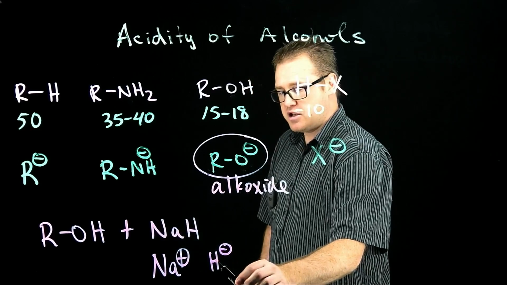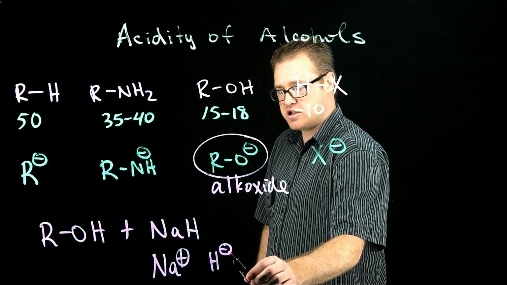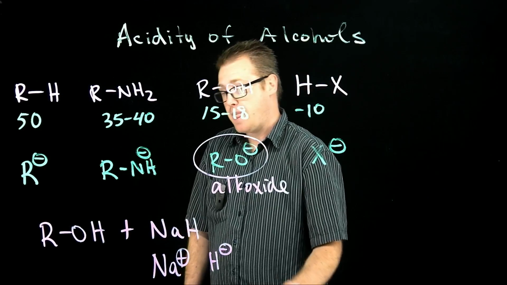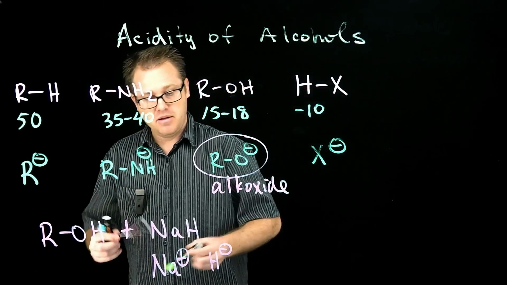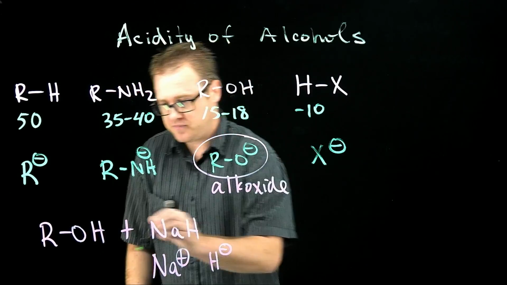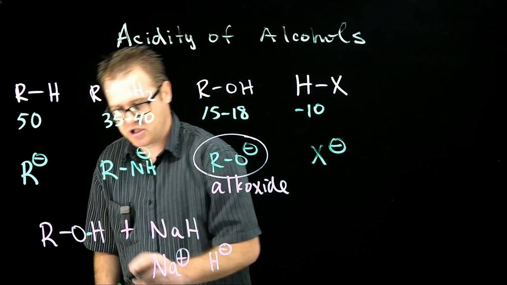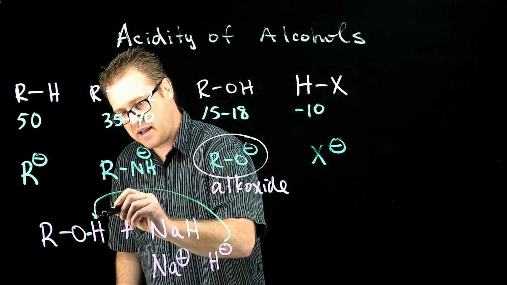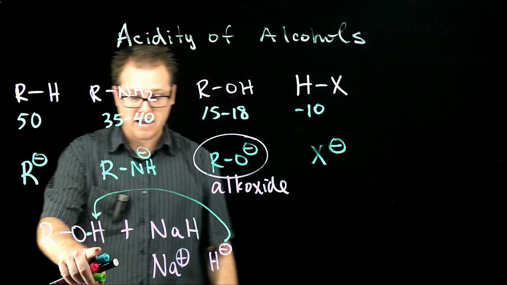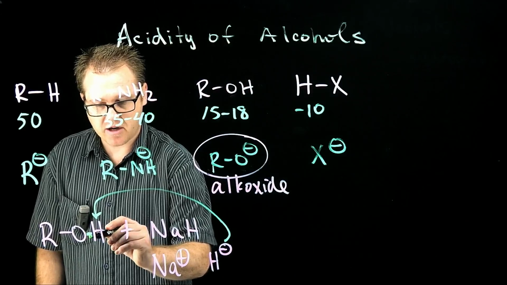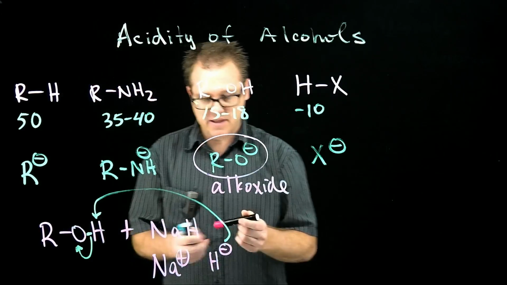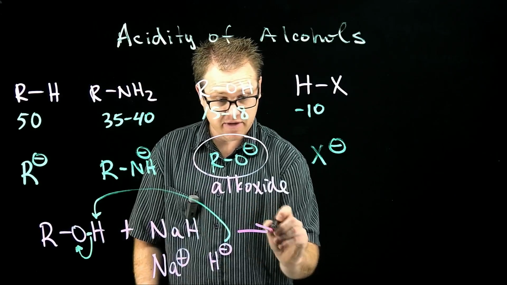When you have hydrogen with a negative charge, we call that a hydride. And so this hydride mechanistically can come in. Let's make sure we have that oxygen-hydrogen bond there. The electrons on that hydride can abstract that proton, break the oxygen-hydrogen bond, and give us our alkoxide.